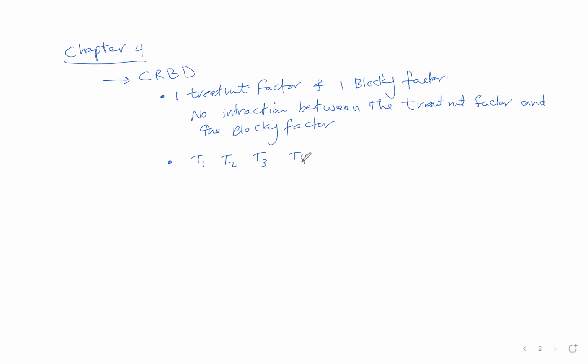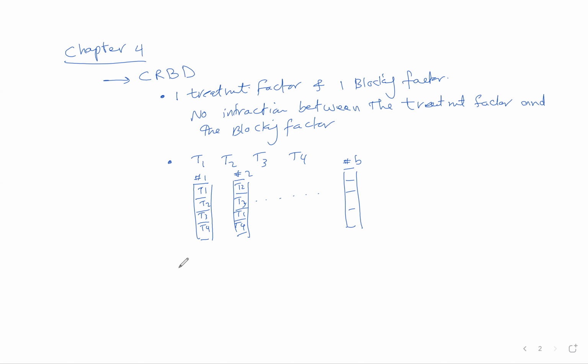So in this case, each block should be big enough to test all the treatments randomly, maybe T1, T2, T3, T4. The second one maybe T2 first, and then T3, and then T1, and then T4. So the last block can be used to test the 4 treatments. So this is block number 1, block number 2, up to block number B. So assuming we have B blocks, it means each treatment is tested B times.